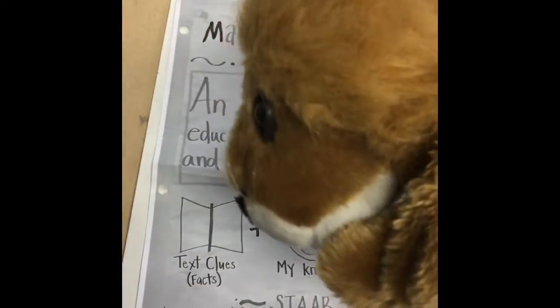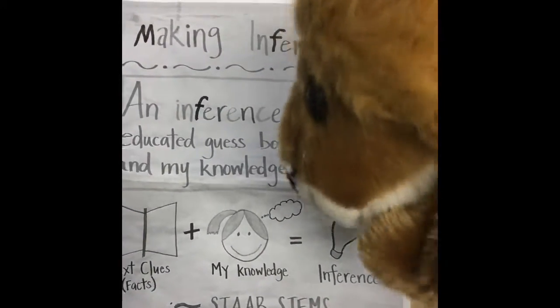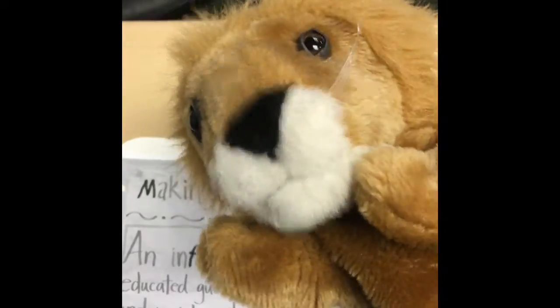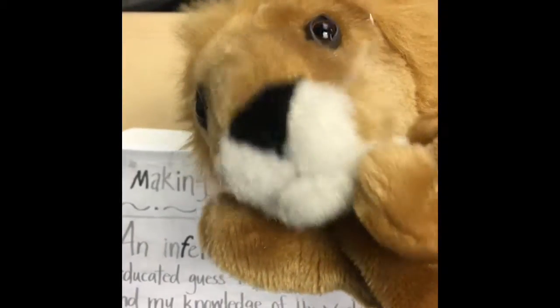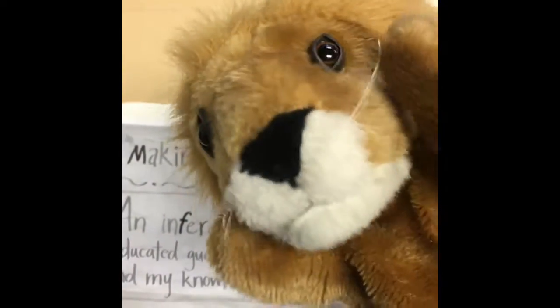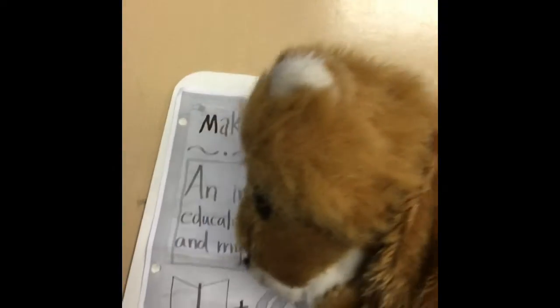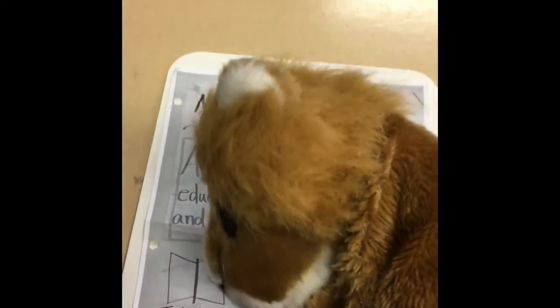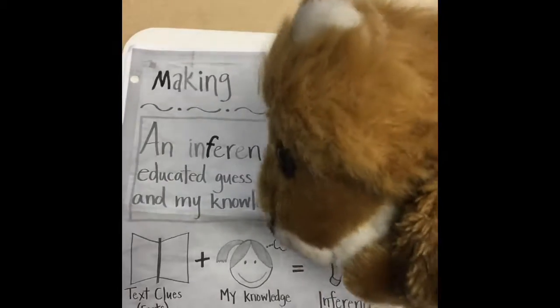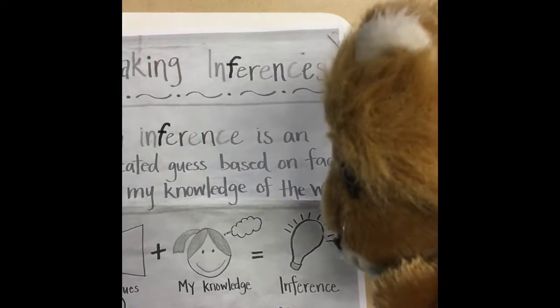Now, we add our text clues with my knowledge. So, let's talk about background knowledge. What is it that we know about, say, Halley's Comet? Well, from my knowledge, astronomers look at comets. So that could be my knowledge. And based on that, I add the facts that I learned from the text and my own knowledge, and that will give me my inference.